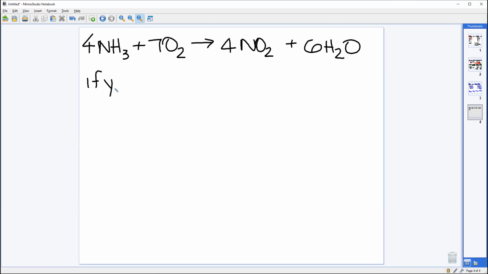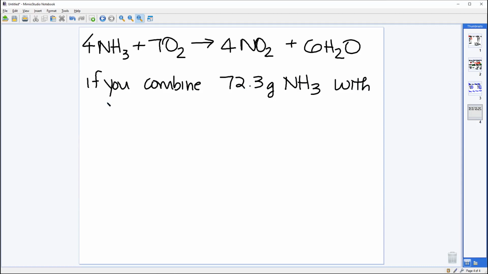If you combine 72.3 grams of ammonia, which is NH3, with 112 grams of O2, how much NO2 is made?